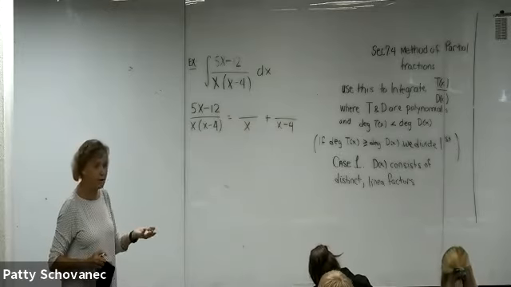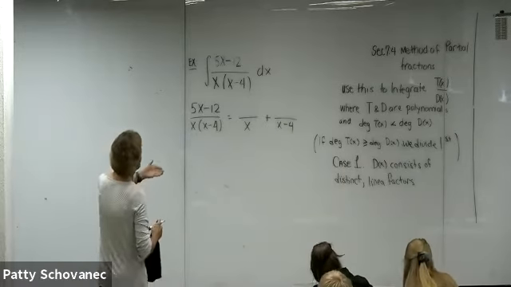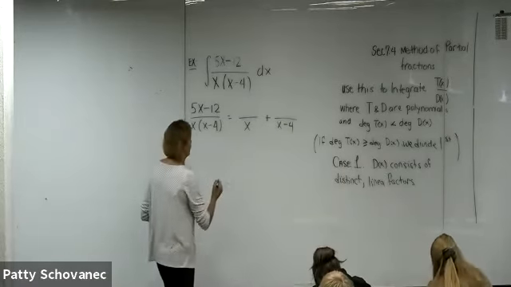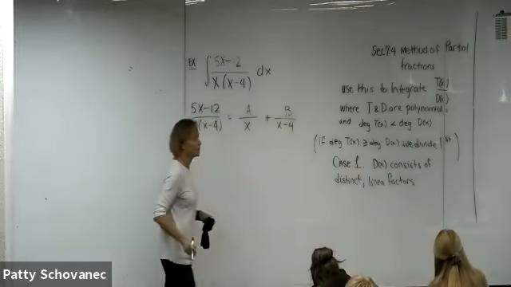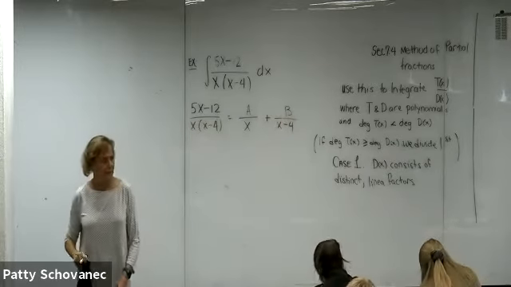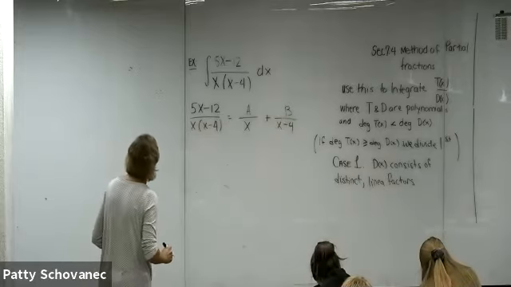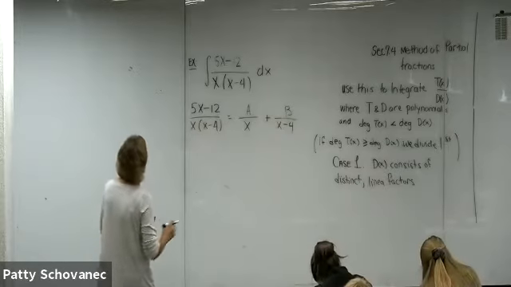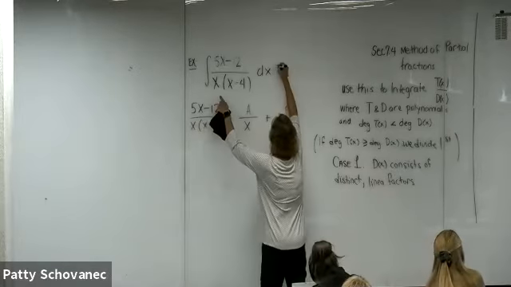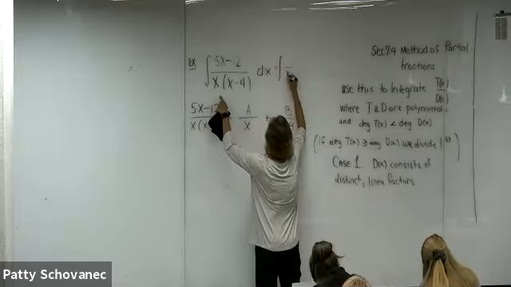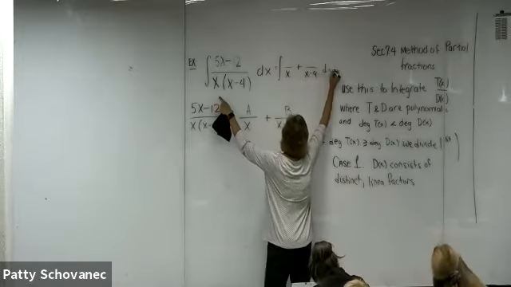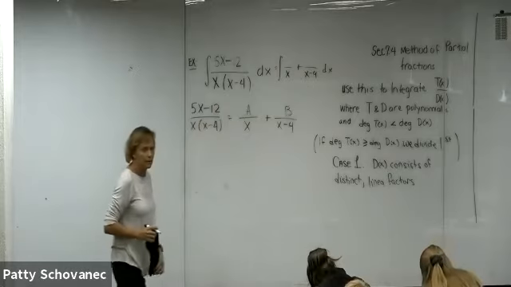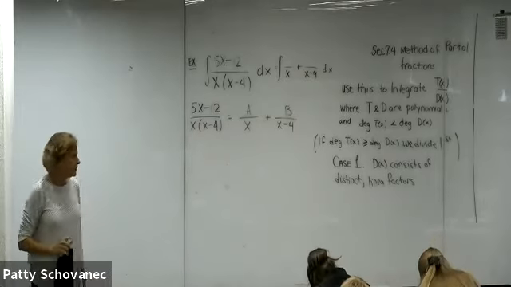So you've got two unknowns to solve, a constant over x and a different constant over x minus 4. So I like to use uppercase letters of the alphabet. We have to take this algebra problem and solve it for A and B. Once we get them, to integrate this, we integrate that thing over x plus that thing over x minus 4. We just got to figure out what A and B are.